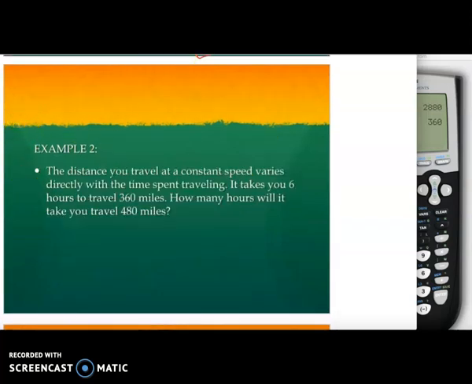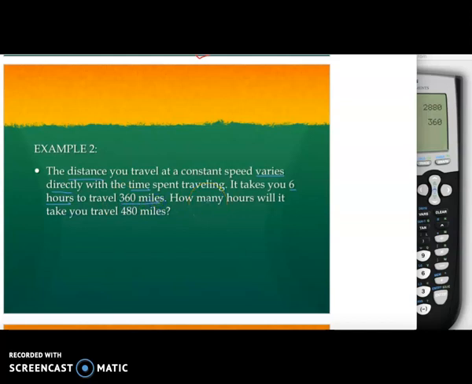Here is example 2. It's the same process. Let's take a look. The distance you travel at a constant speed varies directly with the time spent traveling. So this time we're looking at distance and time. It takes you 6 hours to travel 360 miles.